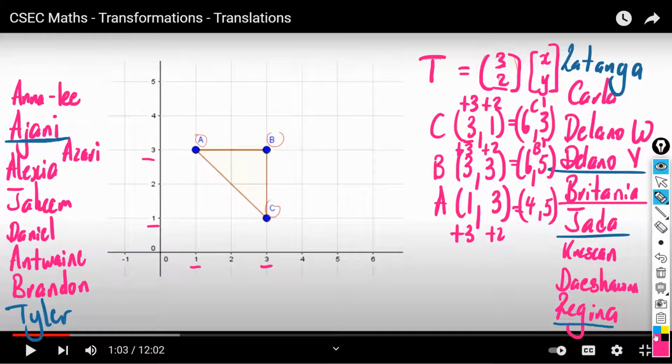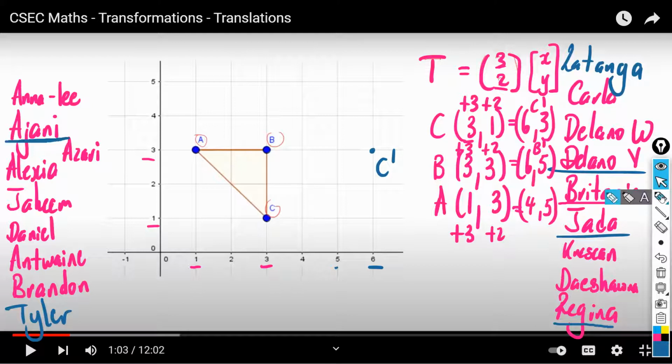So we're going to map those new points now. Latanya, you with me? Yes, sir. So let's map the points, Latanya. The first one is 6, 3. So C6 here and C3 here. So this would be the first point. You understanding that, Latanya? Yes, sir. All right. Cool.